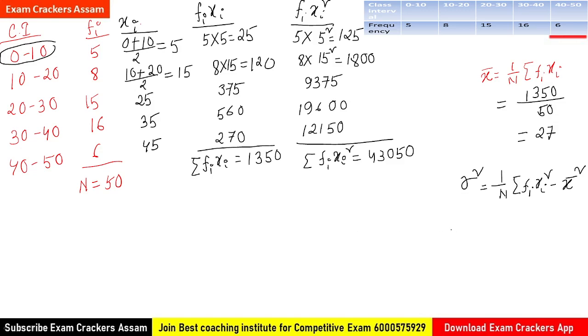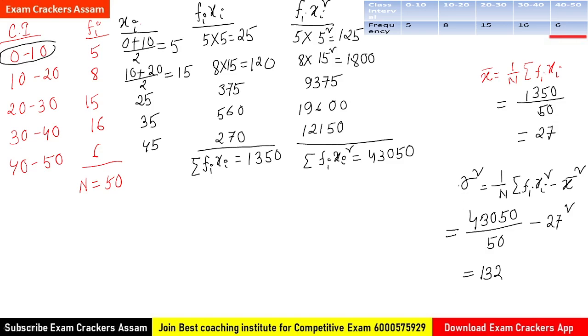So now what is my sigma square? Sigma square is summation fi xi square, how much? 43050. Capital N is your 50 minus x bar means 27 square. Okay, so you will get it as 132.